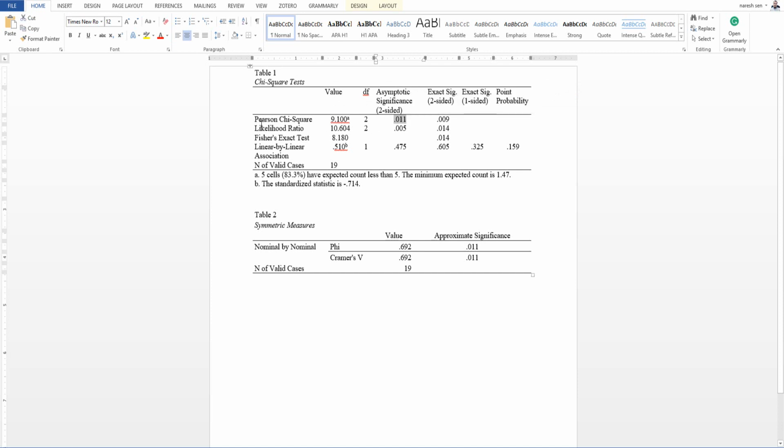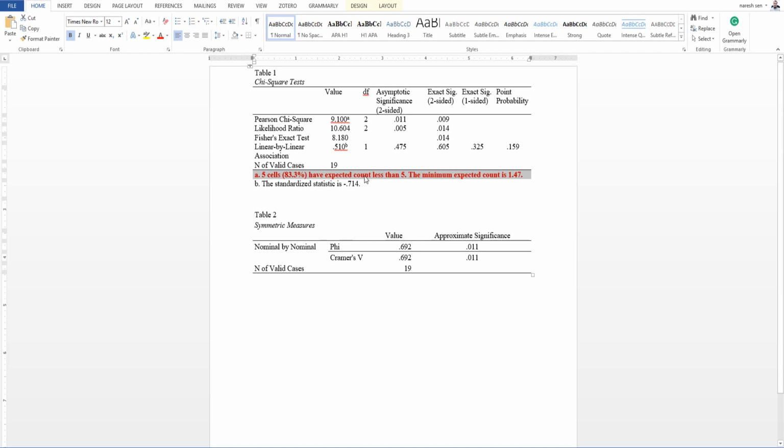Now before we start this, what we need to understand is, what does it say here? 5 cells, 83% have expected count less than 5. Okay, in simple language what it says is that the data we have here has violated the assumption. In a normal case we wouldn't move forward with this result because it has already violated the assumption.